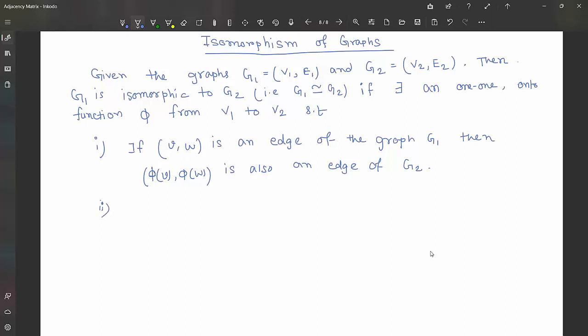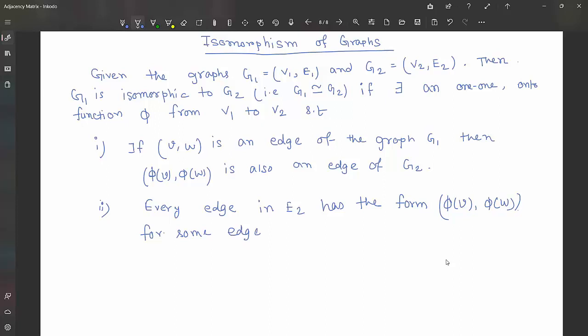And number two, every edge in E2, that means every edge of the graph G2, has the form (phi of V, phi of W) for some edge (V, W) belonging to the edge set E1.